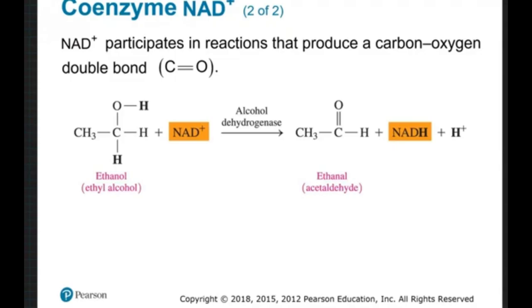Now, how do we know that the process that you see on your screen is oxidation? There is one bond between carbon and oxygen in a molecule of ethanol. In the molecule of acetaldehyde, there are two. So the gain of a bond to oxygen means oxidation.